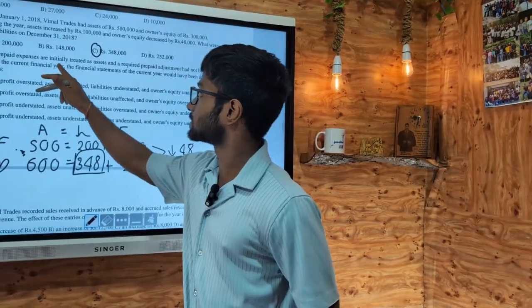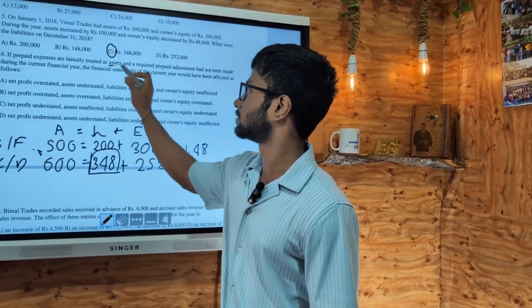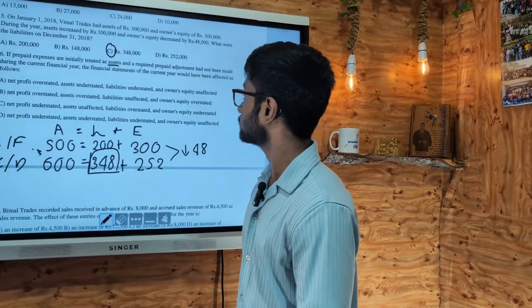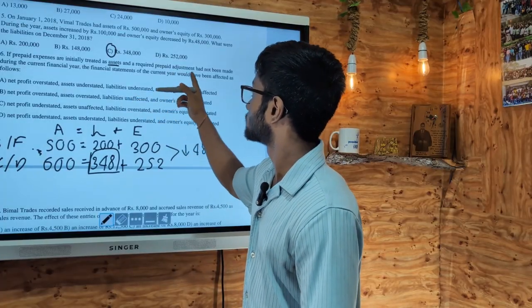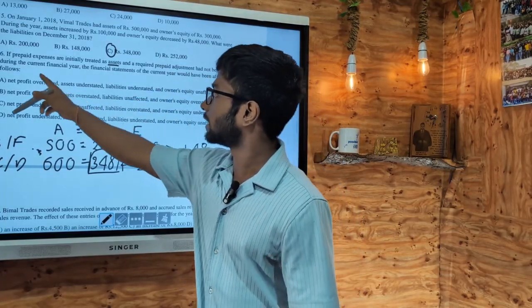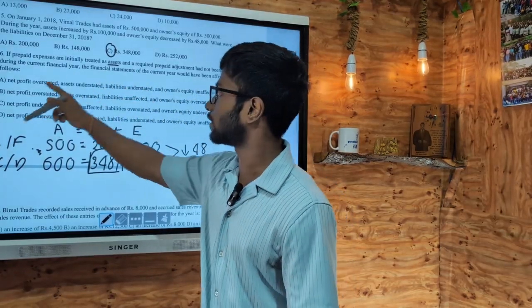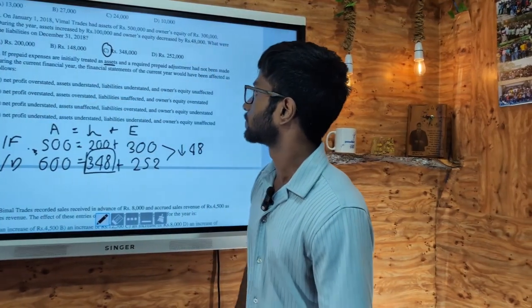If prepaid expenses are initially treated as an asset and required prepaid adjustments had not been made during the financial year, the financial statements of the current year would have been affected as follows.